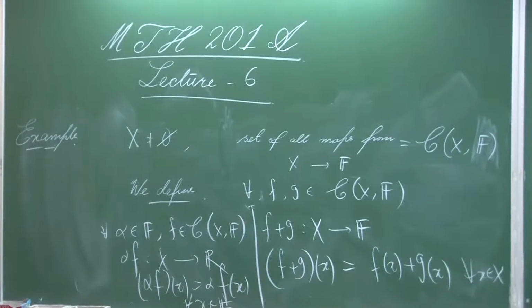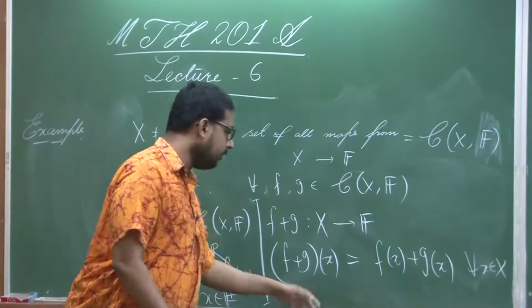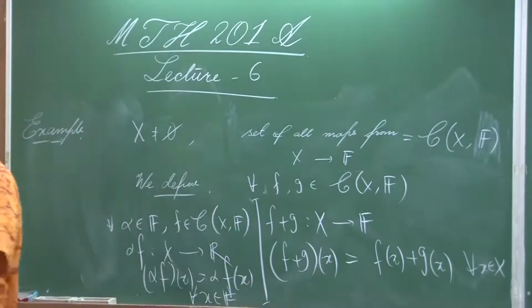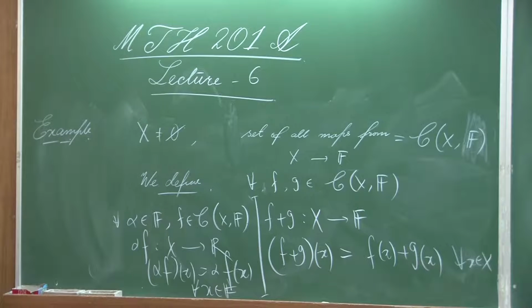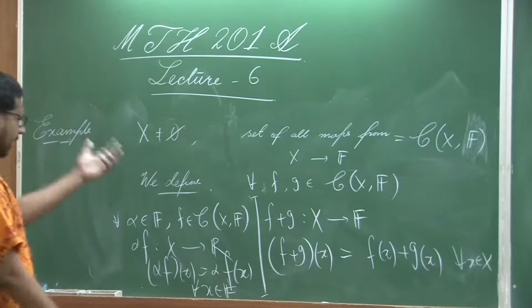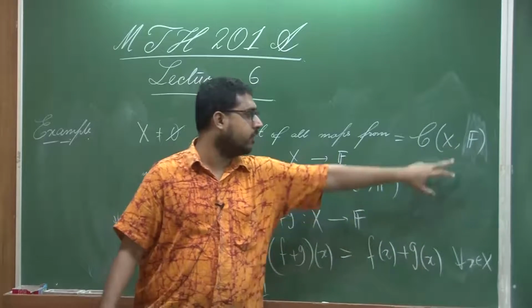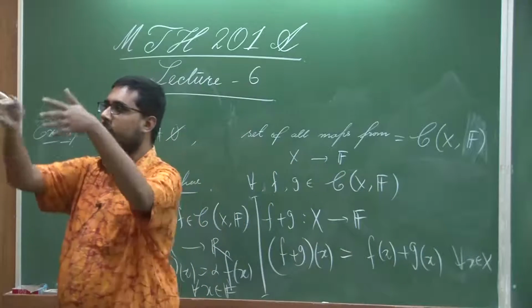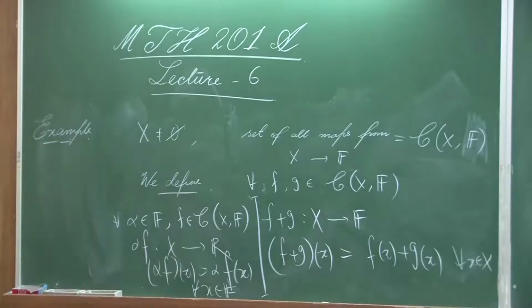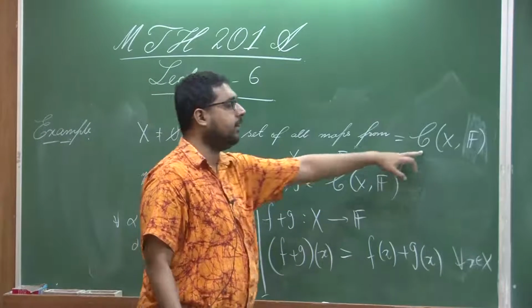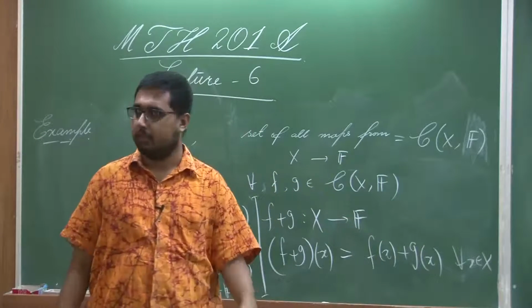In fact, it is very easy to see. Let us say what is the first property, associativity of the addition. That follows from the associativity of addition in F, because over F the addition is associative. Similarly, what is the zero element here? The constant function 0.